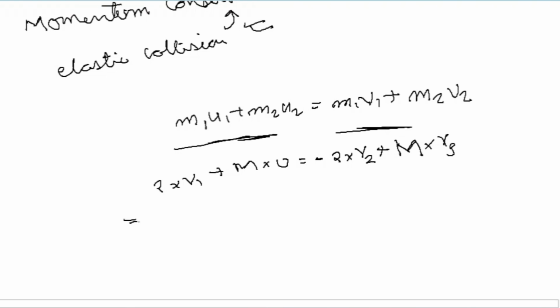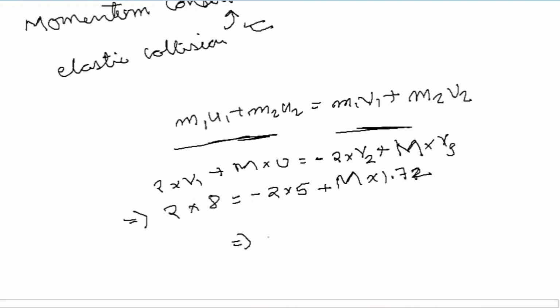Now if we put the values, that is 2 into 8 equals minus 2 into 5 plus capital M into 1.72.